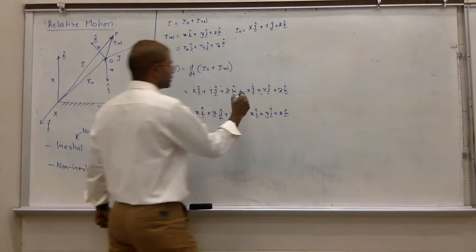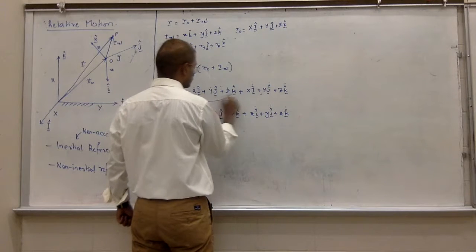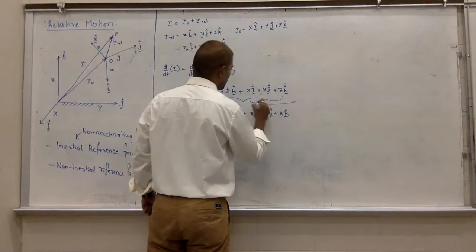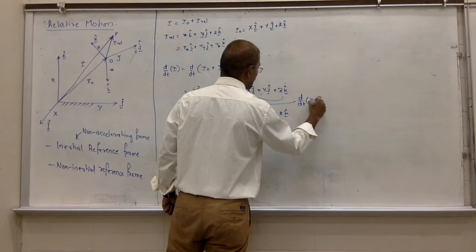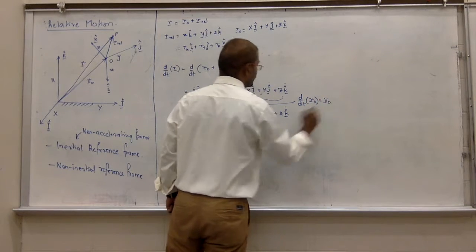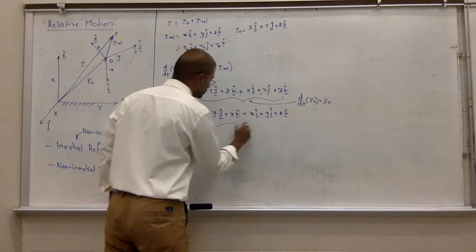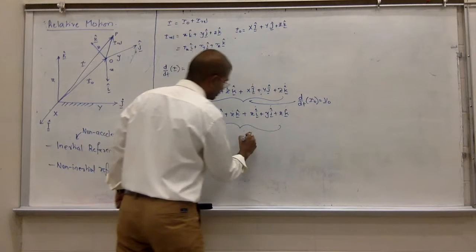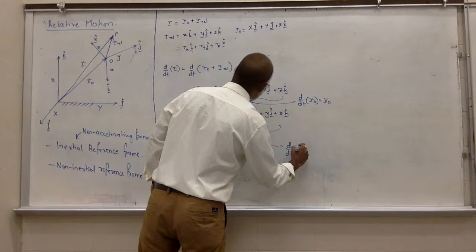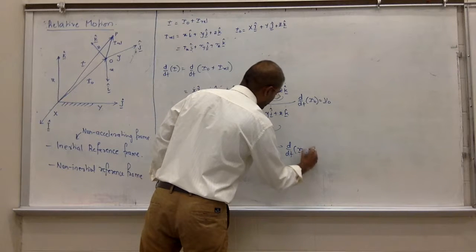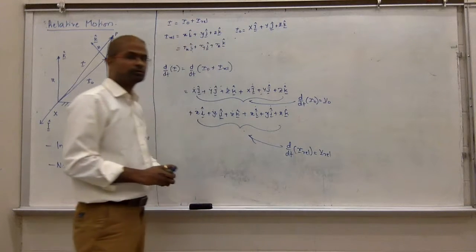Okay, this term is d over dt of r naught, which is equal to, let's say, v naught, and this term is d over dt of r relative, which we represent using v relative.